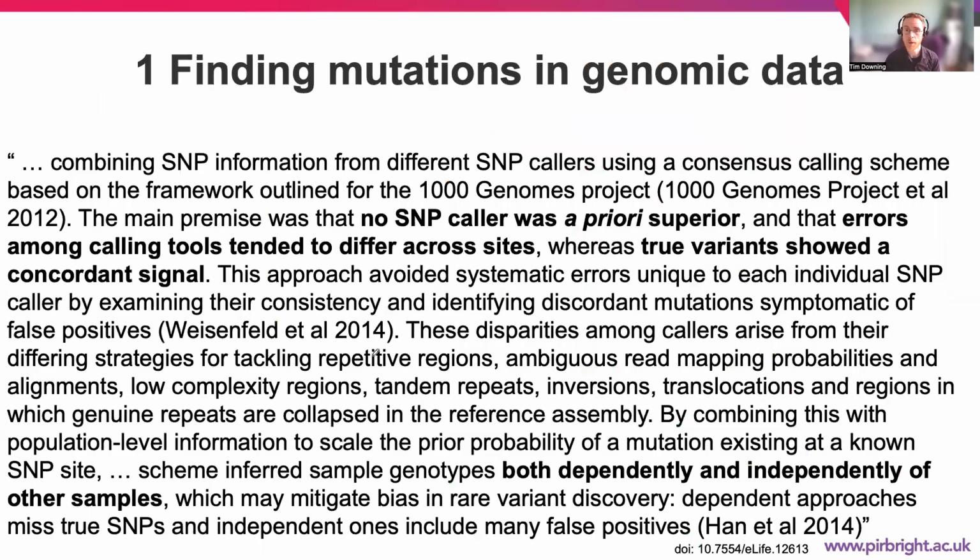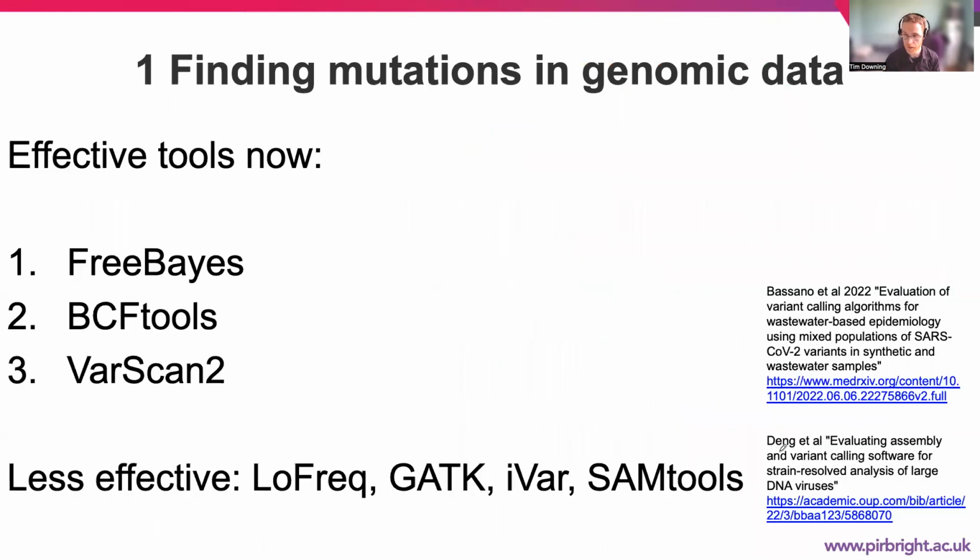If you want to read more about the ideas behind this, you can look at the 1000 Genomes Project work, or this paper from which this quoted piece is. The key thing is that we're trying to update our probability of a mutation existing based on additional information from multiple callers. We're going to do the same approach in the lab.